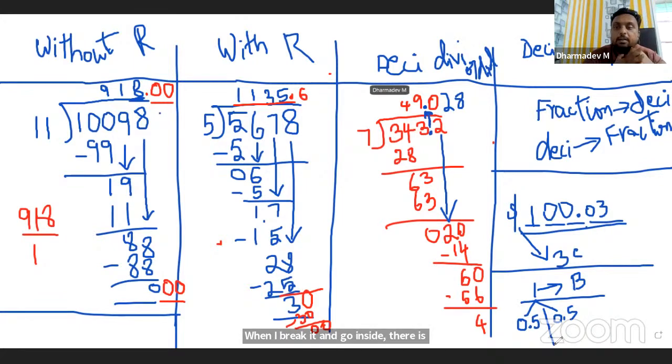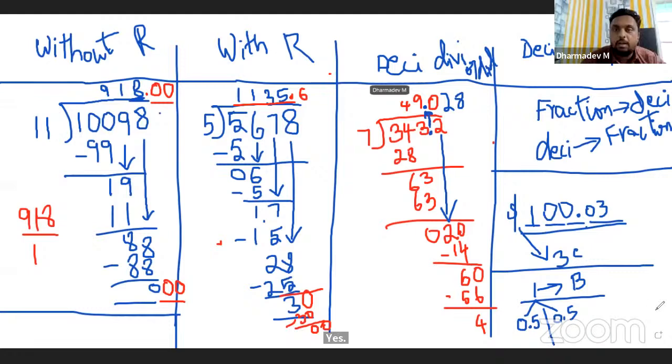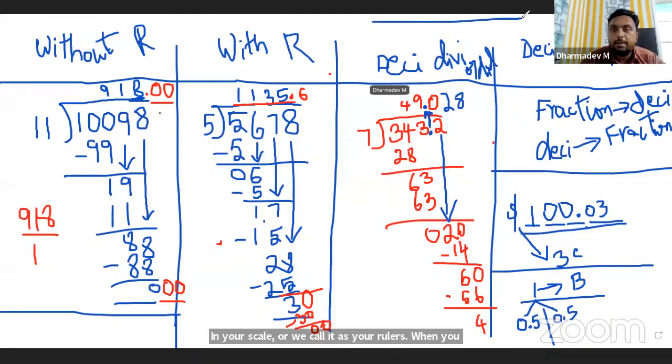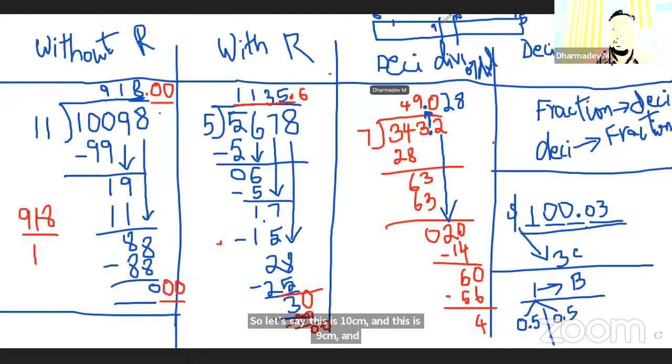Got it? In your scale, or we call it your ruler, when I'm measuring in my scale for some 15 centimeters, so 0 to 15, can I have exactly 0 to 15 or does something fall in between? Let's say this is 10 centimeters and this is 9 centimeters, and there is something I need to measure in between.